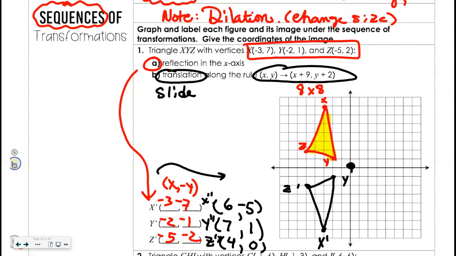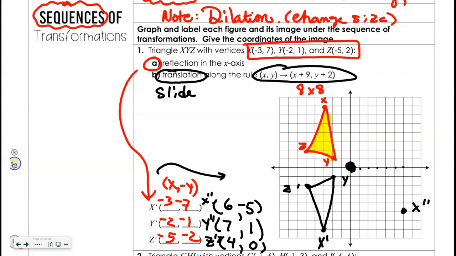Make your origin nice and big so that when you're plotting these dots, you plot them from the origin. So my new point is going to be 6 to the right: 1, 2, 3, 4, 5, 6. Sorry, I made my dot really big. And then it's going to be 5 down. I'm going to label that x double prime.